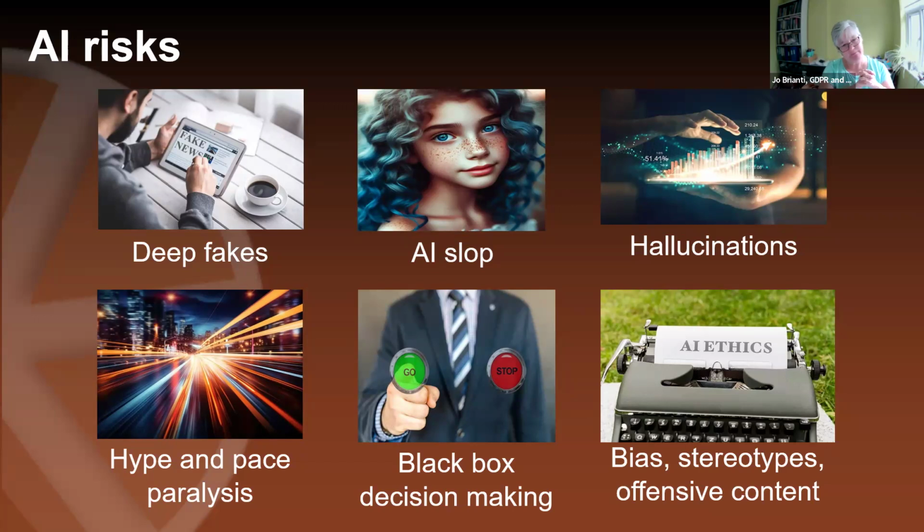Hallucinations. Again, this is incorrect or misleading content generated by AI. And one of the things that happens with AI in these models is they get confused. They get confused because A says one thing, B says another. You've given them a prompt and asked them a question, and A and B's data doesn't match.